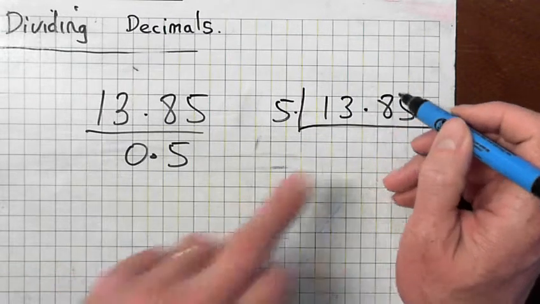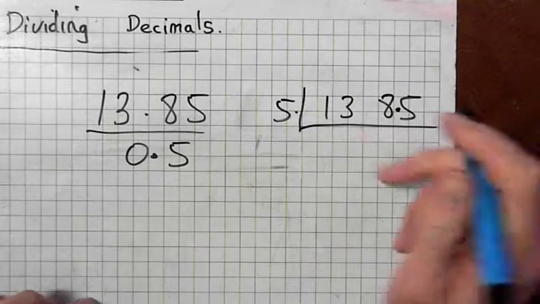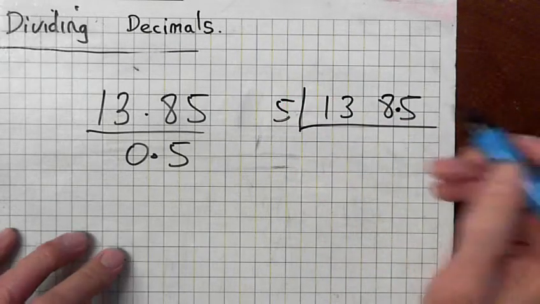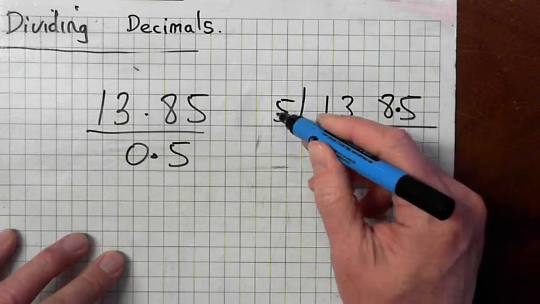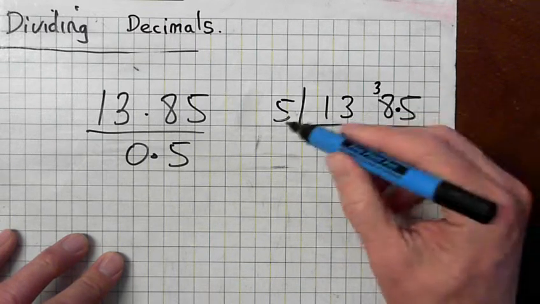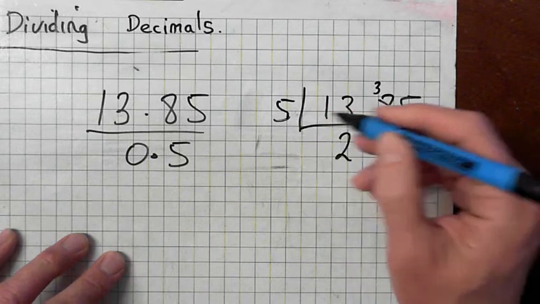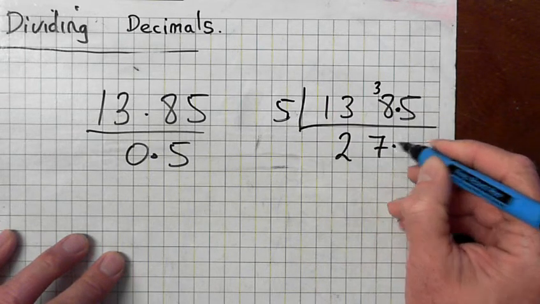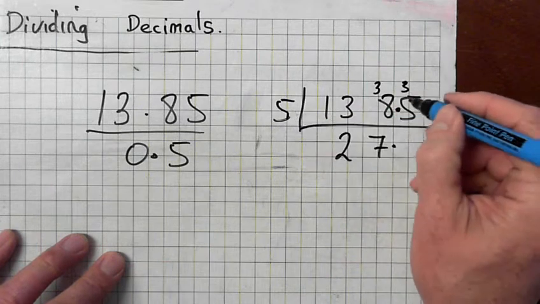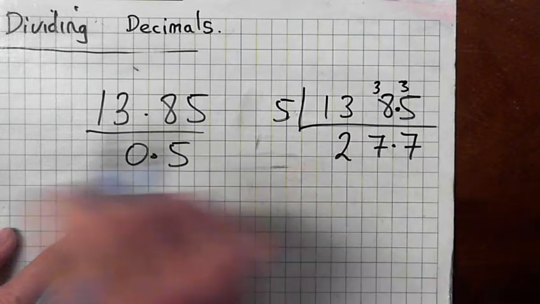Move this one place to the right. Okay. Now divide normally. 5 into 1 doesn't go. 5 into 13 goes twice. Remainder 3. 5 into 38, 7. Remainder 3. 5 into 35, 7. Okay, so that's my answer.